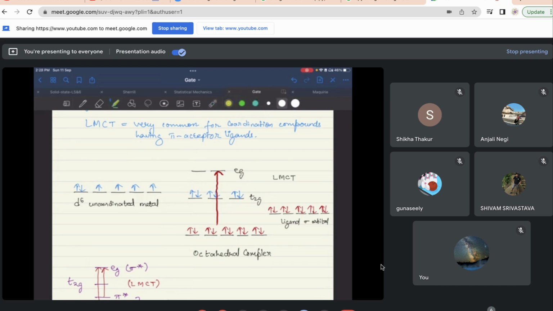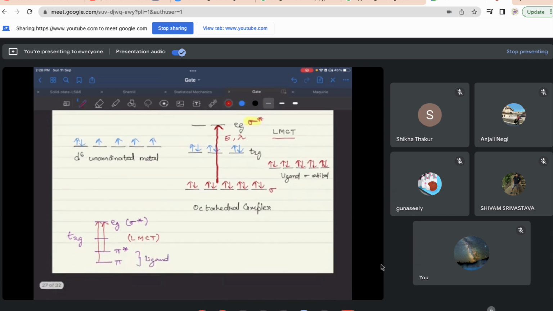So it takes place from the full ligand orbital to the empty metal orbital. This is the LMCT, and the energy or wavelength associated with it will be observed as an absorption band.